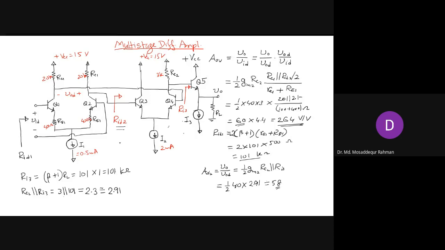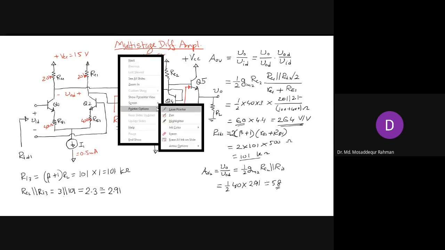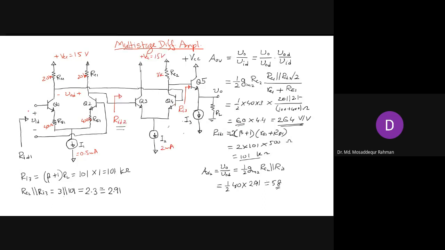At the input stage, we try to minimize the loss that we might have because of the source resistance. If we have a source at the input side, when you connect a source, RS, and then you have the source voltage here, VS. So that is how you connect a differential amplifier.